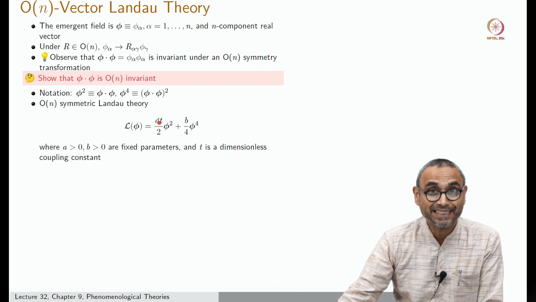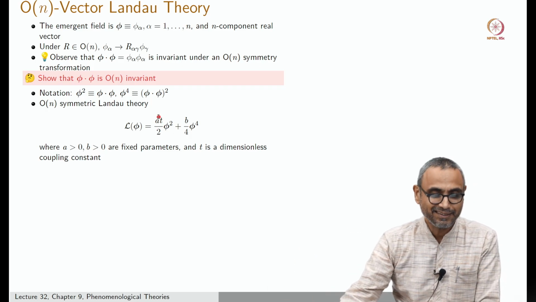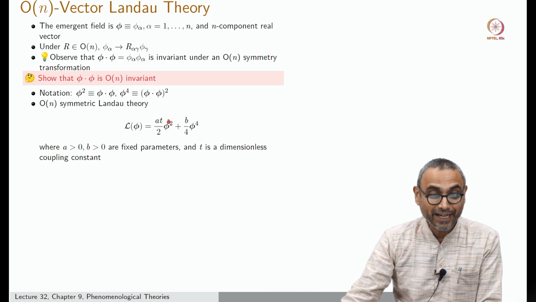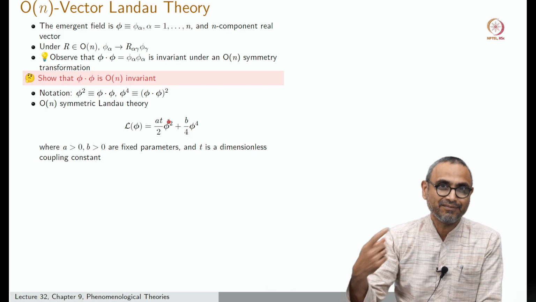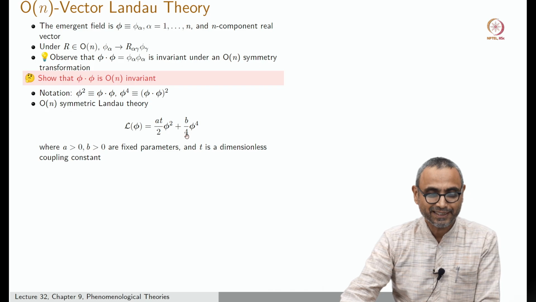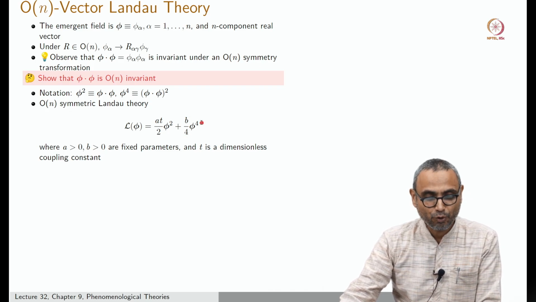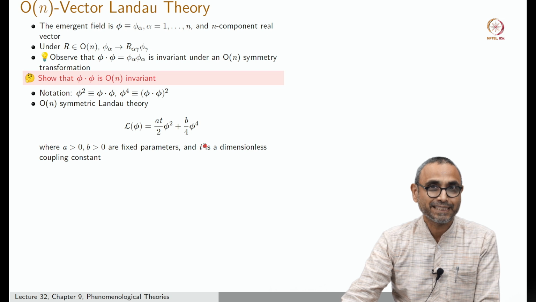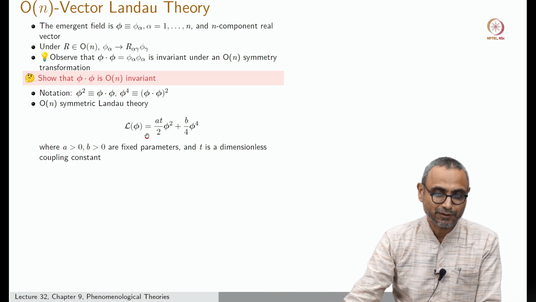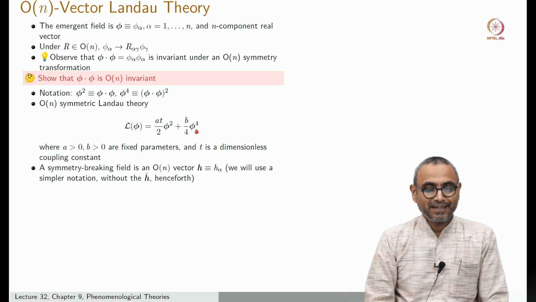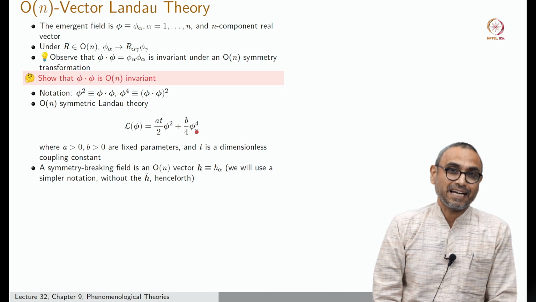This is what we call t. This could be our distance to transition. And then there is phi squared, which is of course invariant under ON rotations, and b by 4 phi to the 4, which is also invariant under ON rotations. This is a very simple way of generalizing what we did for the Ising model, which is phi squared plus phi to the power 4, where those were numbers, and now these are vectors. Okay, all right, so this is our Landau function.